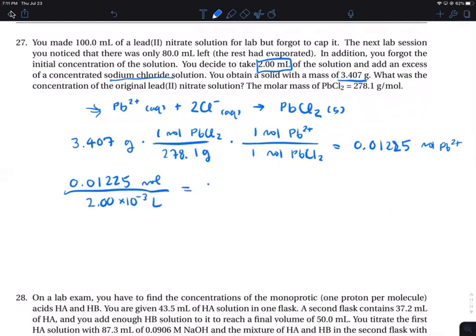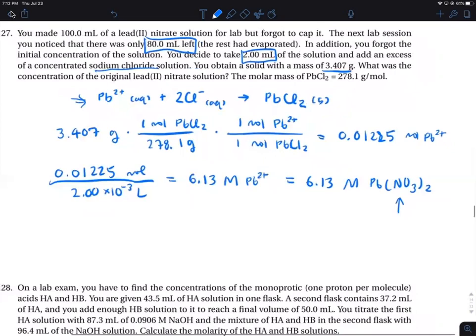So that's going to give us 6.13 molar Pb2+ solution. So since the ratio is the same, it's going to be the same as just 6.13 molar Pb(NO3)2 solution. So this is also this concentration in the 80 milliliters.